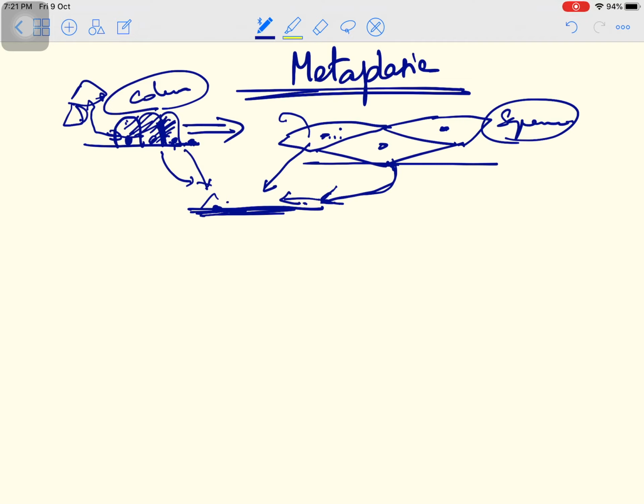An example of metaplasia is the lung, which is lined by ciliated columnar epithelium. But if a person smokes cigarettes, smoking will cause irritation in the bronchial tree and respiratory tract.